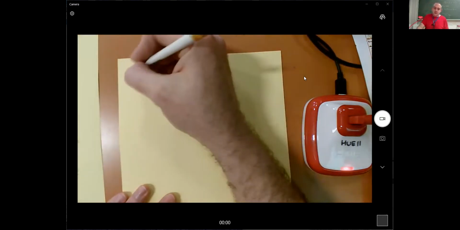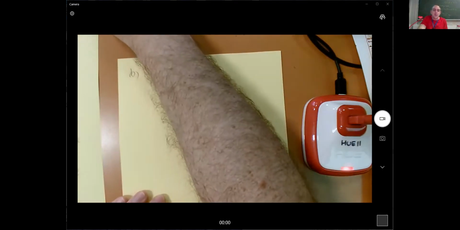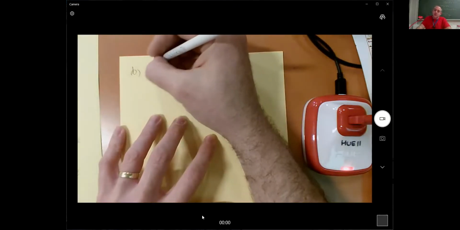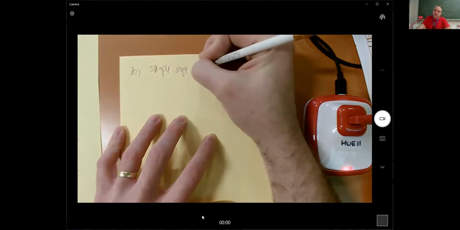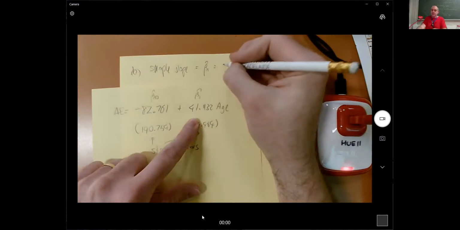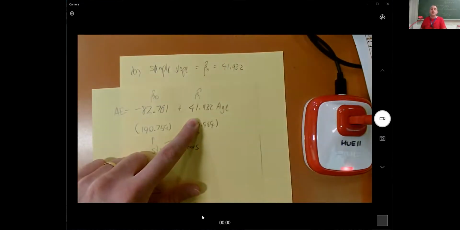Let's say question B said, give a 95% confidence interval for the population slope. Okay, so we know that the sample slope is the beta 1 hat, which is this number here, 41.932.